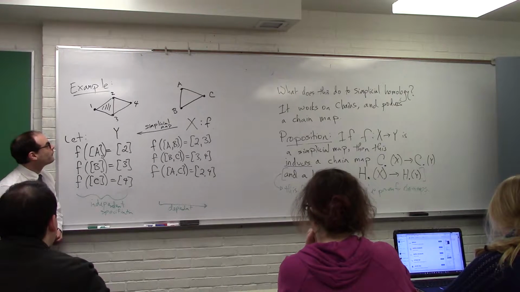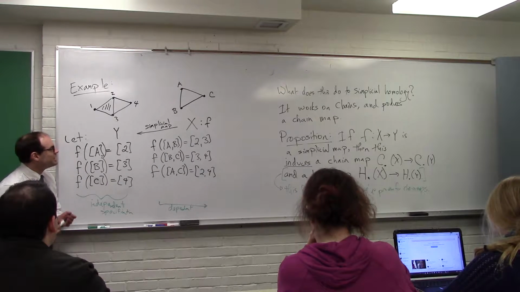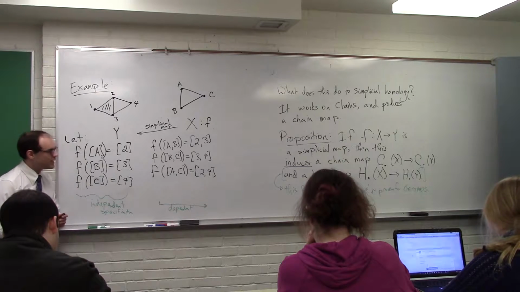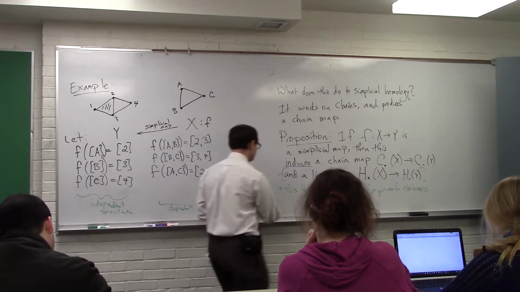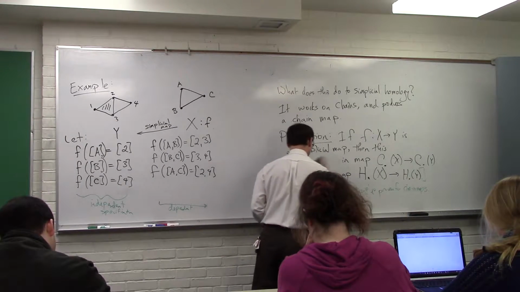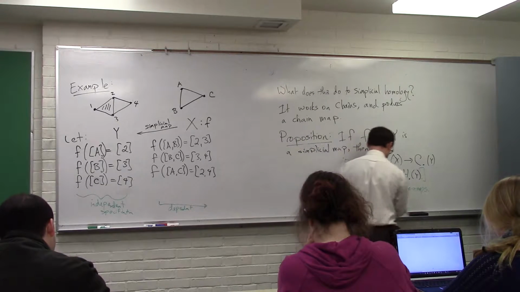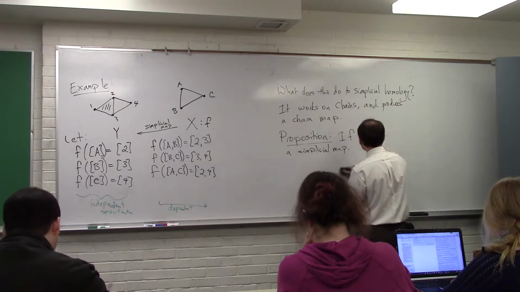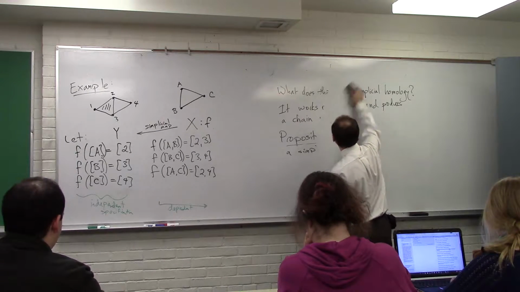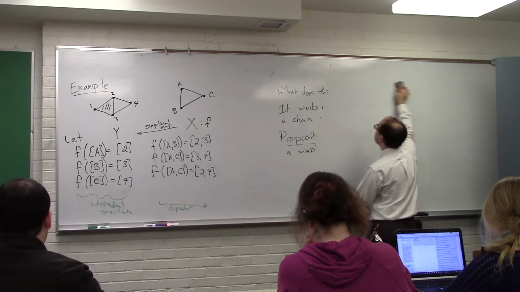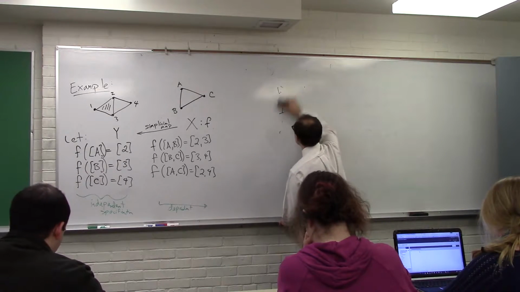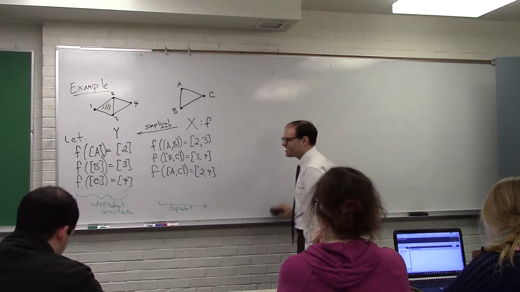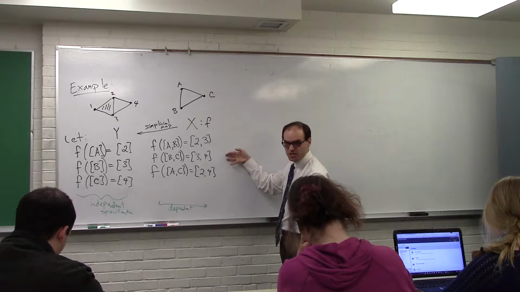Okay. Now, I made this claim about chain maps, so let's see what happens when I do that. Well, if there's chain maps involved, there ought to be multiple chain complexes, and they have to, in some sense, be based off of all this machinery.